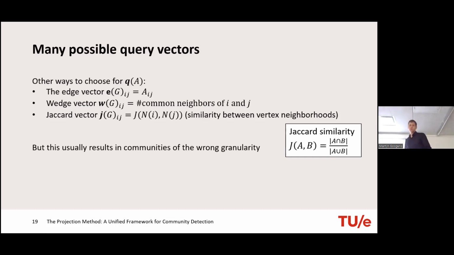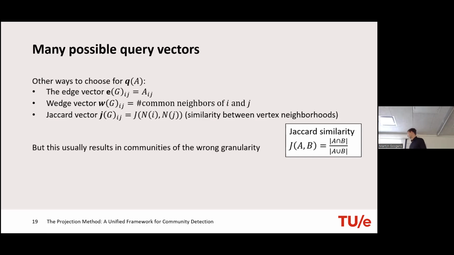But if you just take this and feed it to Louvain and see what clustering you get, then you usually just get the clustering that puts everything into a single community, which is very unhelpful. For example, if we simply take this edge vector, this adjacency matrix, then all of the entries are 0 or 1. So there's never a reason to put two nodes apart.